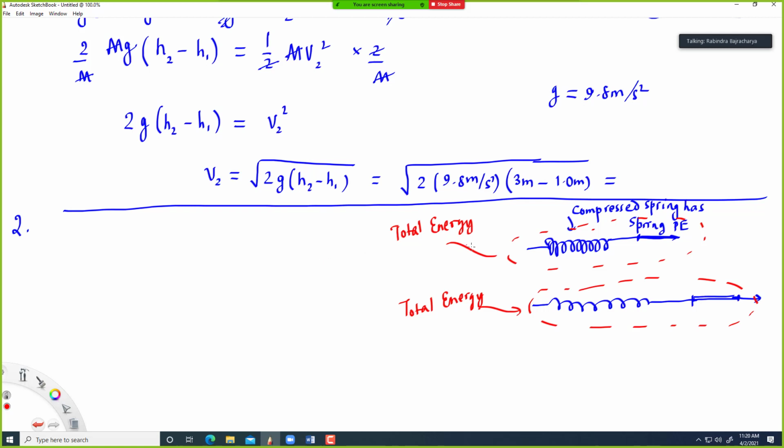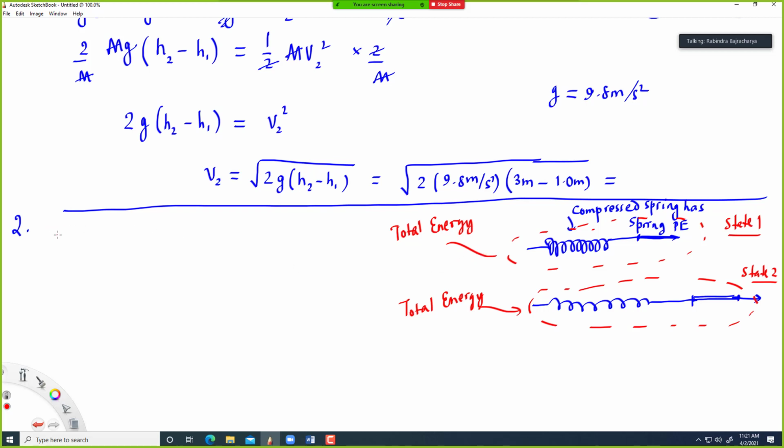So let's say that this is state 1, and let's say this is state 2. You don't have to say that, I'm just giving a name for the state. You can just say 1 or 2.